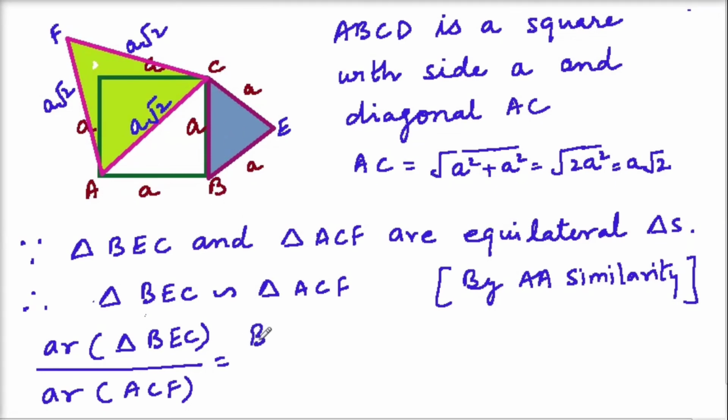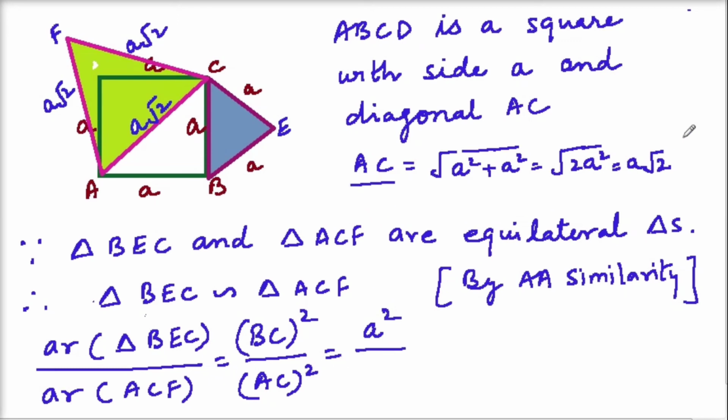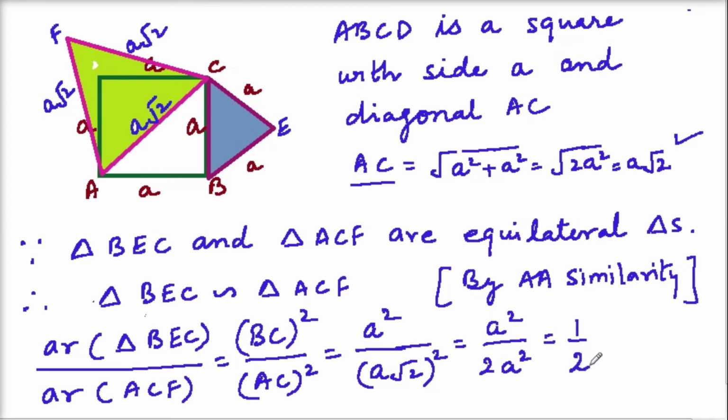Here I am taking side BC, BC square upon the other side AC, AC square. In place of BC square we can write A square, and in place of AC square we can write A root 2 whole square. We get A square upon 2A square, and that will be equal to 1 by 2.